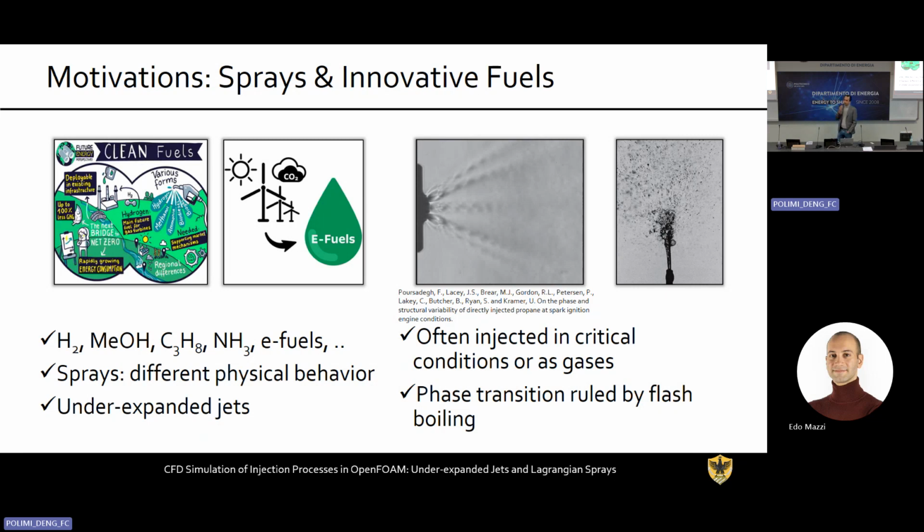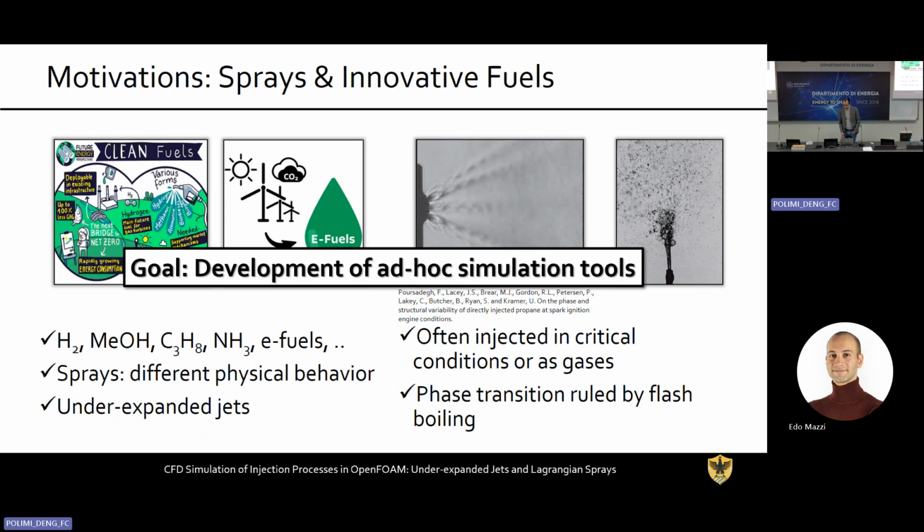But also we are injecting in many occasions the fuel in gaseous condition, or also in critical condition. Very often, phase transition is ruled by very quick, very fast phenomena, which is the flash boiling. So we have to use ad hoc simulation tools, and the purpose of this work is to present what we've developed for simulating these sprays.